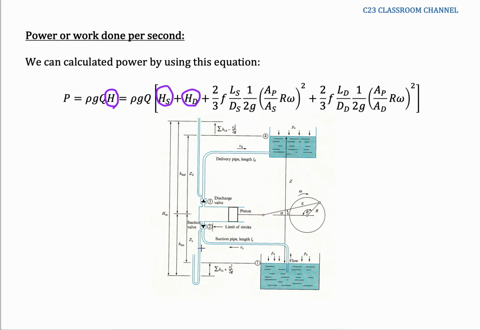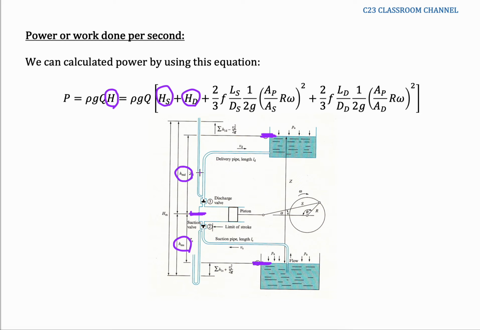From this diagram, the suction head is the height from the center line of the piston pump to the level of the inlet water. So this is the suction head. And then the delivery head is the distance from the center line of the piston to the surface of the water at the outlet. So this is the delivery head.